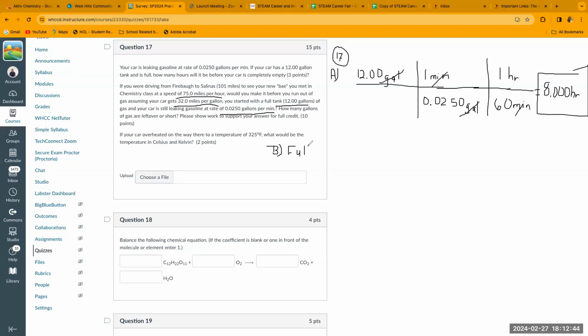Now, our full tank is losing gas as we drive. Is there any other way that we're losing gas?